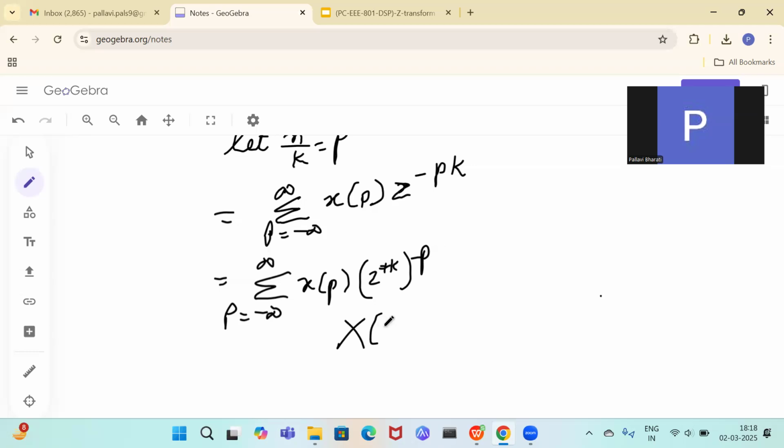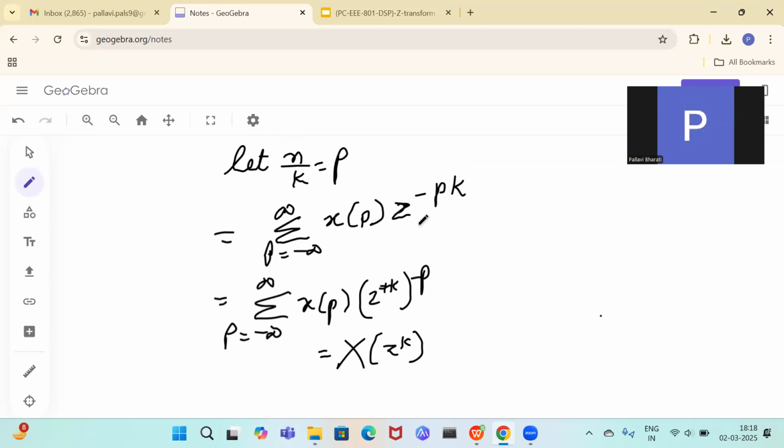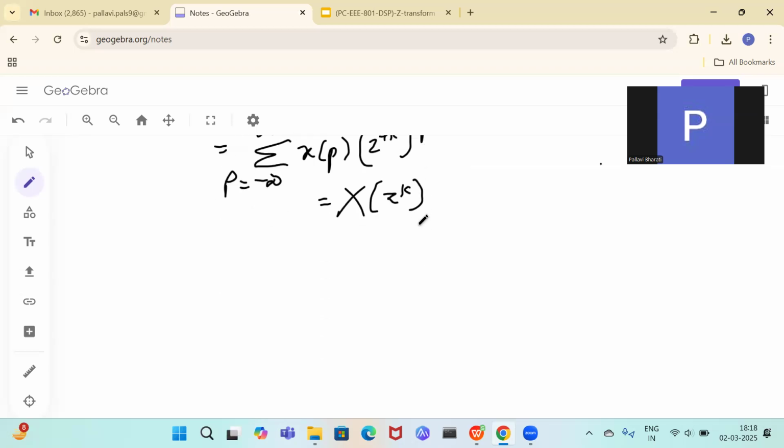So it becomes X of z to the power k. So it is easy to prove, right? You just need to take n by k equals p and then put it in the definition. That's it. Let's do a question on this.